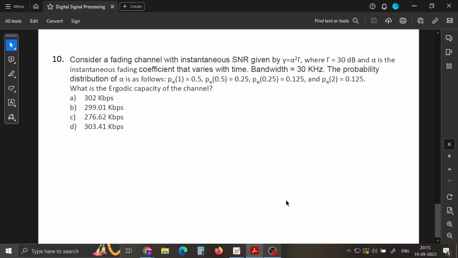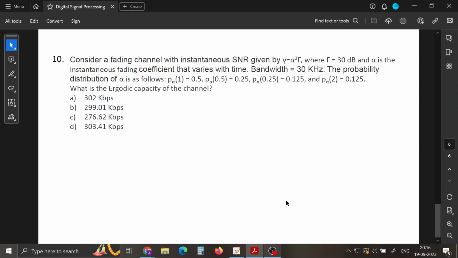For one time instant it can be alpha 1, for another time instant alpha 2, and so on, and accordingly your instantaneous SNR will also vary, gamma 1, gamma 2, corresponding to alpha 1, alpha 2. Capital gamma is fixed because that's the average SNR value. But your instantaneous SNR, as the name suggests, is for a particular time instant, governed by these alpha i's.